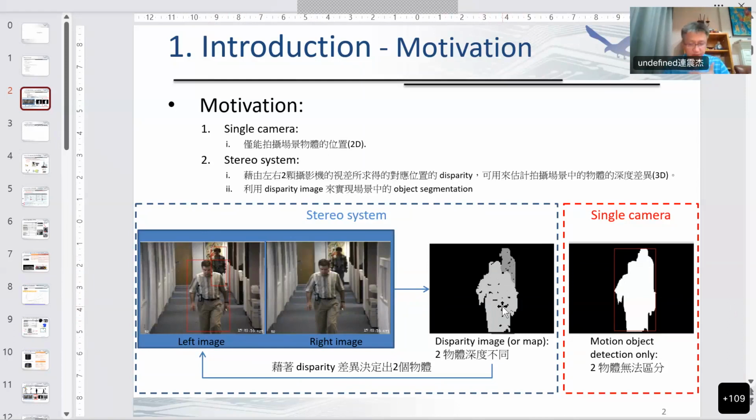So we have depth. 3D, we have depth information. So from depth information, we can separate the front object and the far away object. So why do we need depth? Because we can do segmentation with depth. That's the purpose.